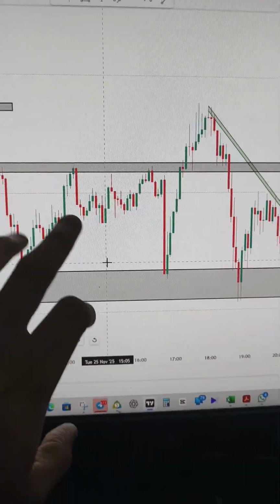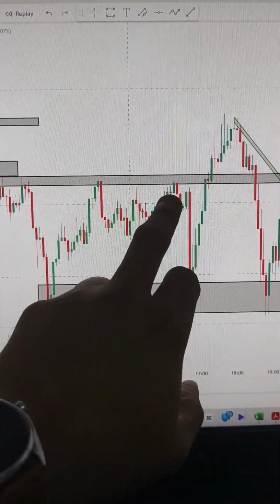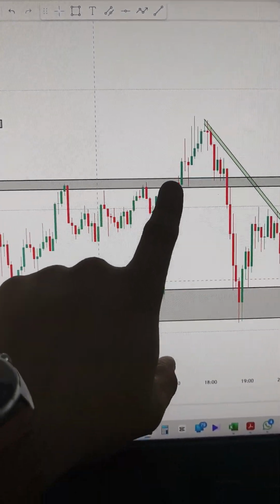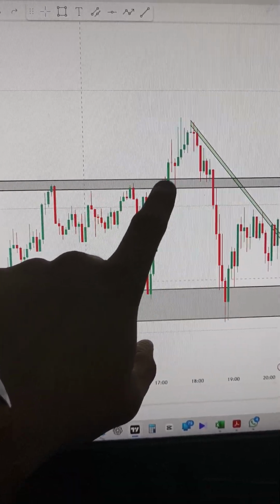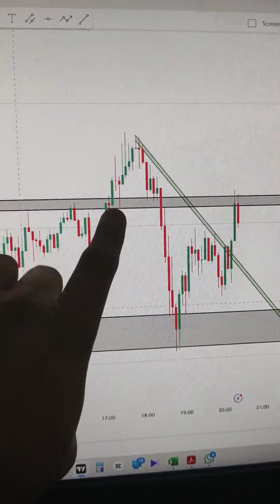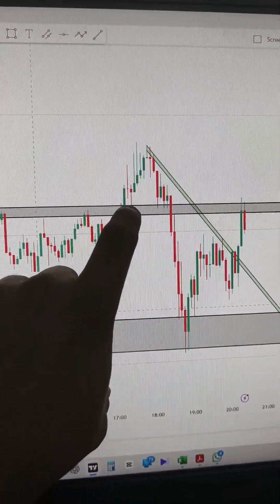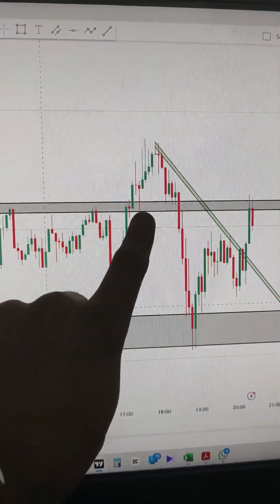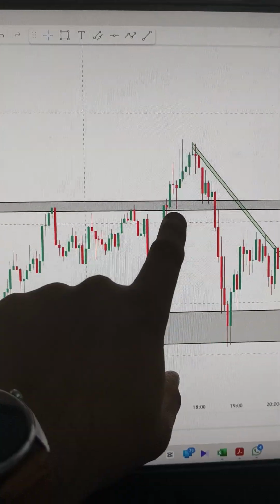What I want to tell you is, when multiple rejections happen in a zone and it breaks, it shows the market is trying to push the price upwards. In this case, on the lower time frame there is a retest immediately: break, retest, and here we are looking for a buy for sure, because the equal rejection part is very sure.